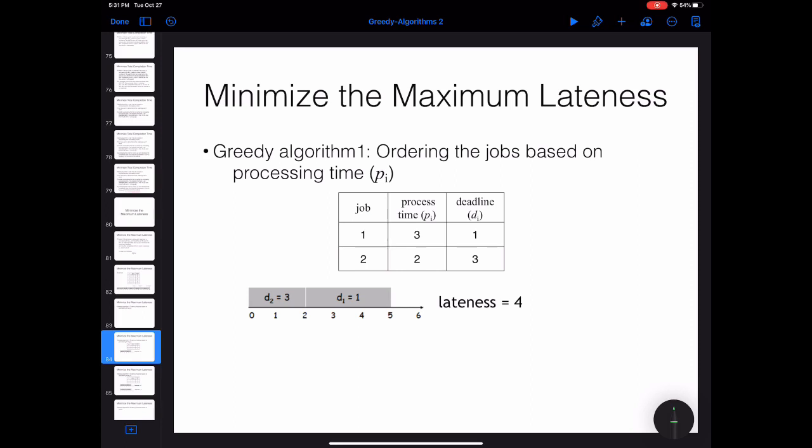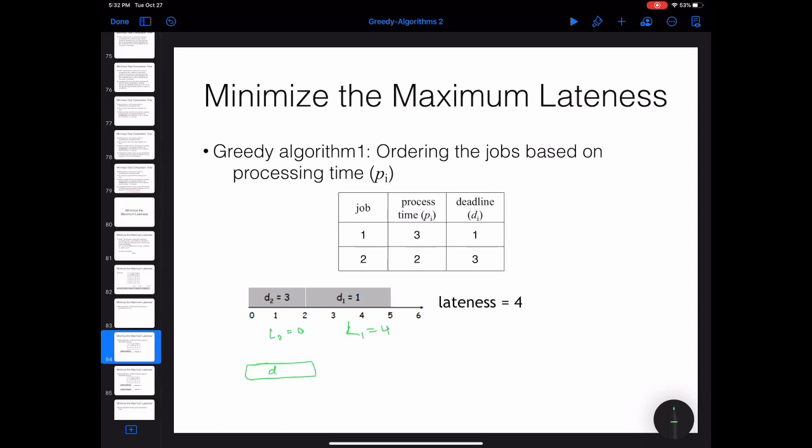So based on that, the lateness for D2 is going to be 0, but for D1, the deadline is 1, but you are finishing it at time 5, so the lateness is going to be 4. Although I could get a better answer, right, by first doing the first job.